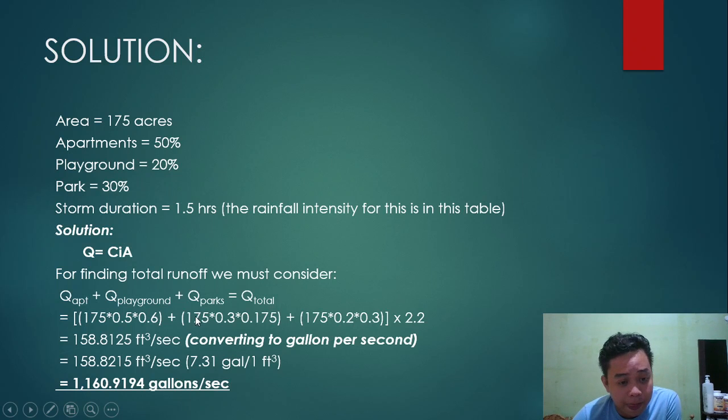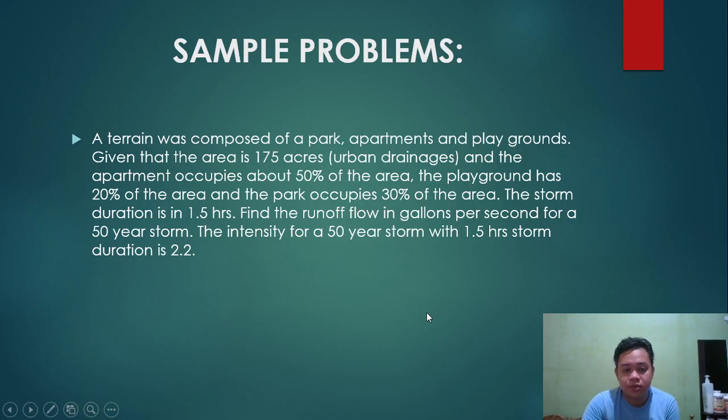Park: 175 times 30% of the area times the coefficient, also from the table, which is 0.175, plus the area again times 20% for the playground times 0.3 from the runoff coefficient, times the intensity, which is 2.2, stated here in the problem, with the 50-year storm with 1.5 hour storm duration.